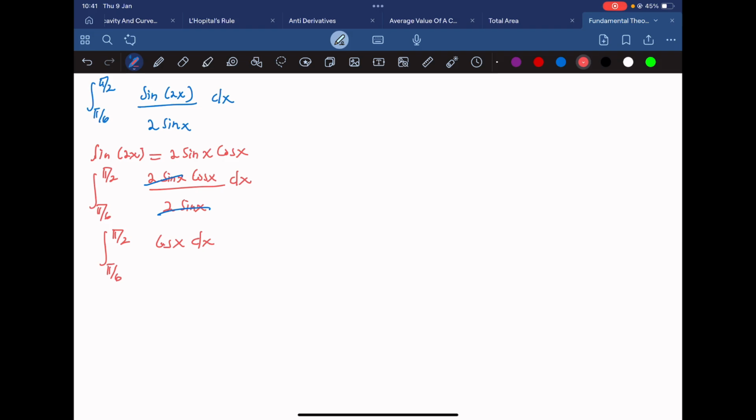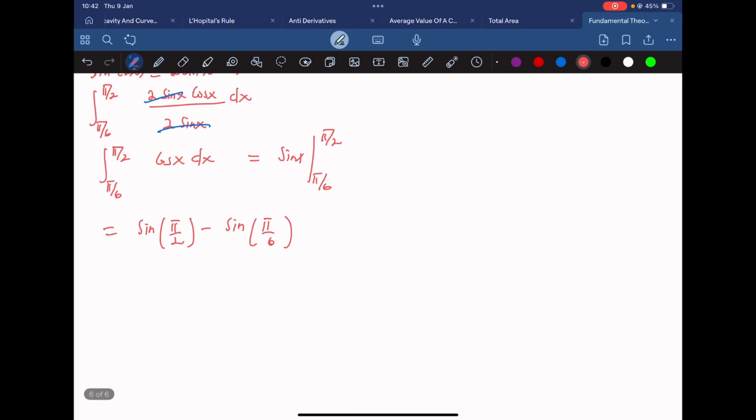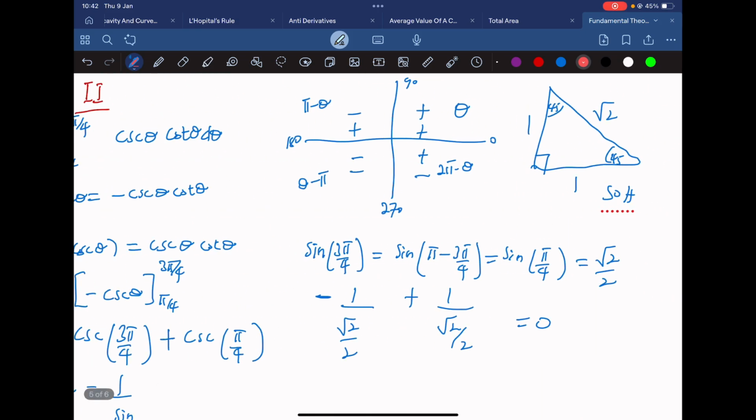Now if we differentiate cosine, you end up getting positive sine of x, remember? And we have to evaluate from pi over 6 to pi over 2. So using the fundamental theorem of calculus part 2, we just have sine of the upper limit minus sine of the lower limit. And what is sine of 90? So pi over 2 is basically 90, which is what we have over here.